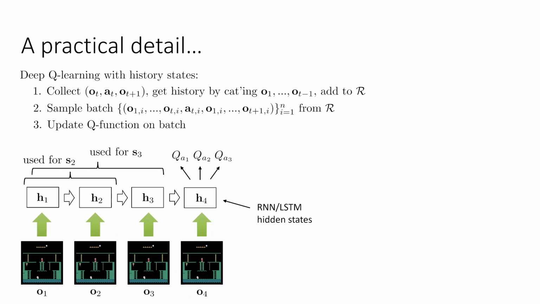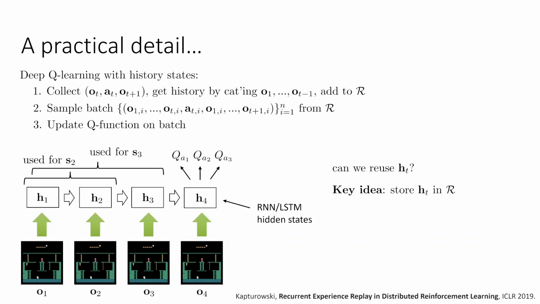And the observations O1, O2, O3 are fully summarized by the RNN state H3. So what you could do is you could just reuse the RNN hidden state. Essentially, every time you load up a history, you don't load up an entire sequence, you load it up starting from some intermediate point, and then you actually store the RNN hidden state at that point. And you can do this with RNNs and LSTMs.